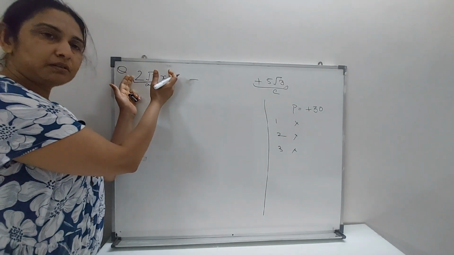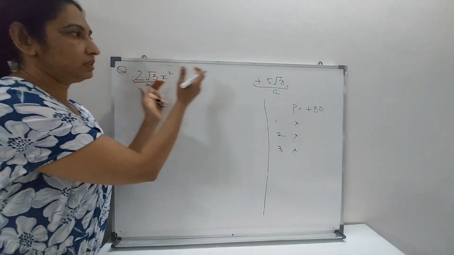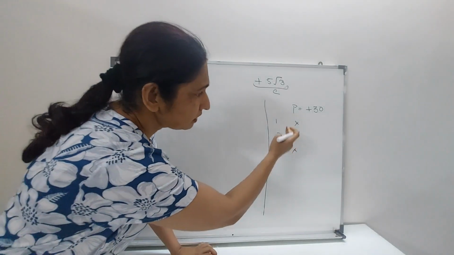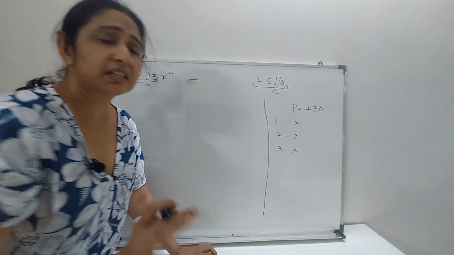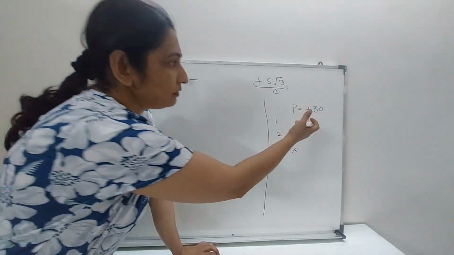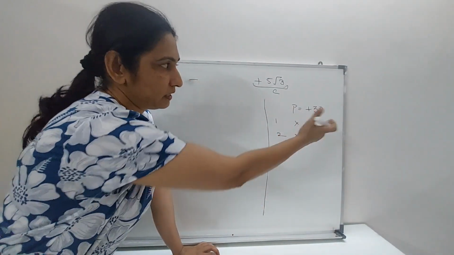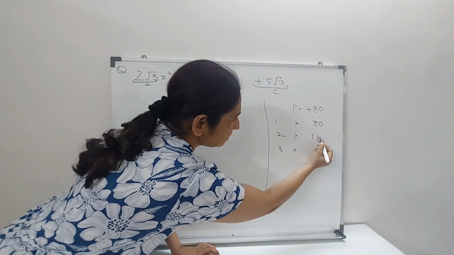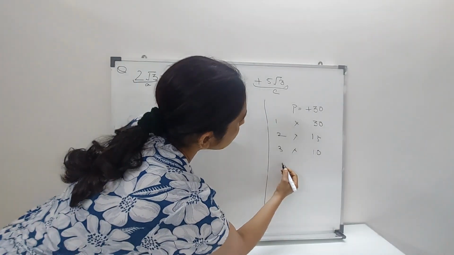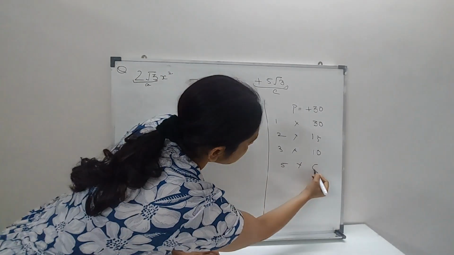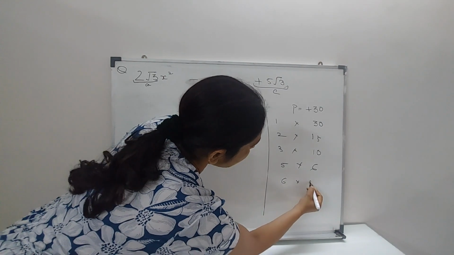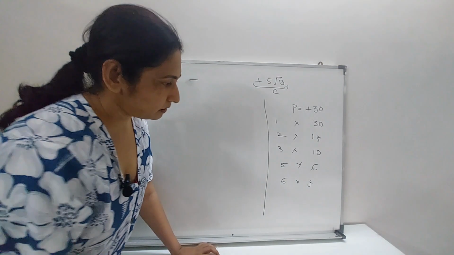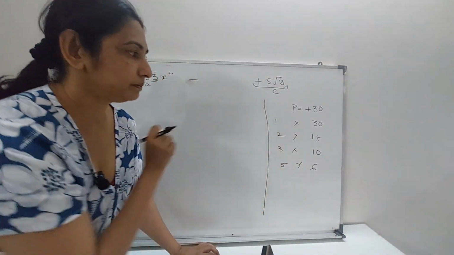Whenever there is a root coefficient in the first term and in the constant term, we do not need to write root in the factors. We factorize it like a normal number. 30 is the normal number, so it will be 1 into 30, 2 into 15, 3 into 10, 4 will not work, 5 into 6, 6 into 5. Now it has started repeating. 6 was here, so I'll just stop here.